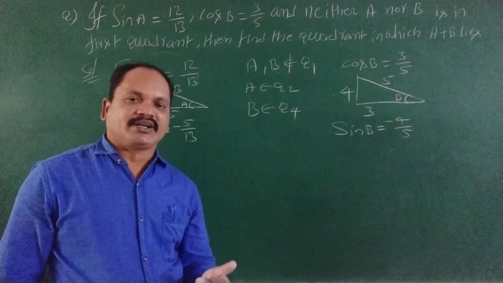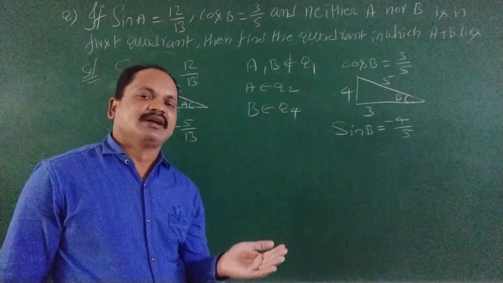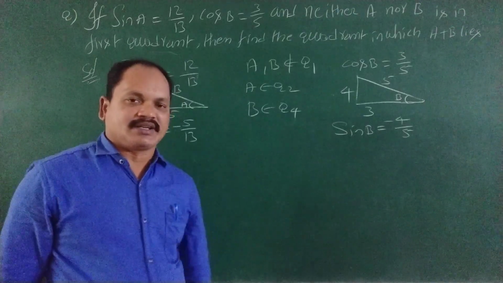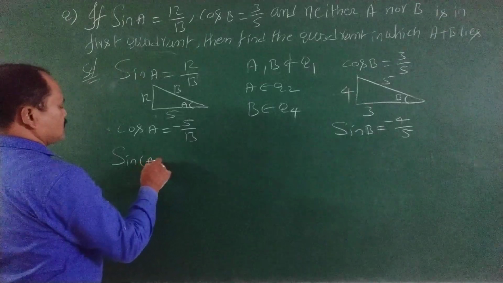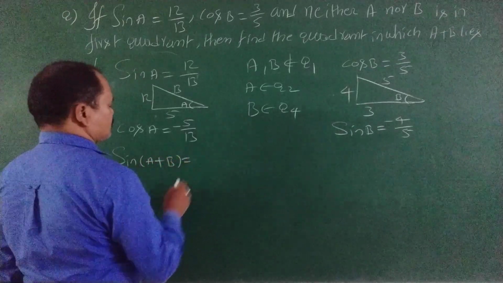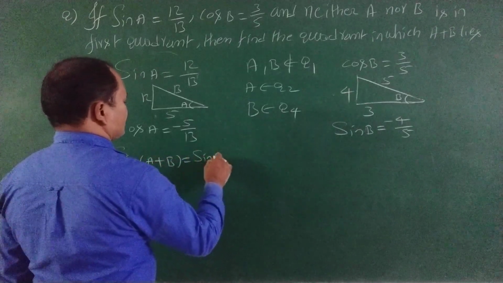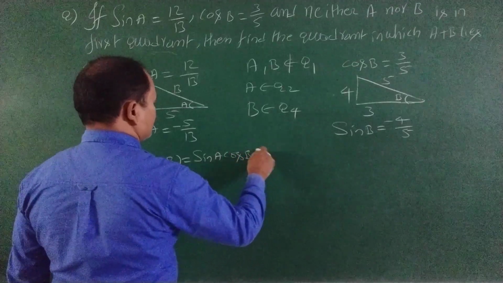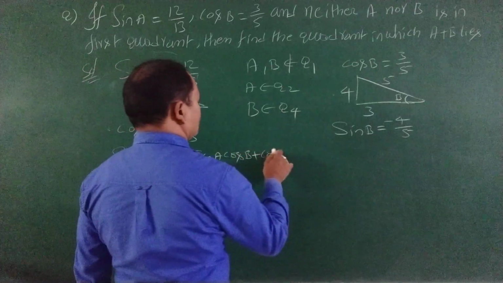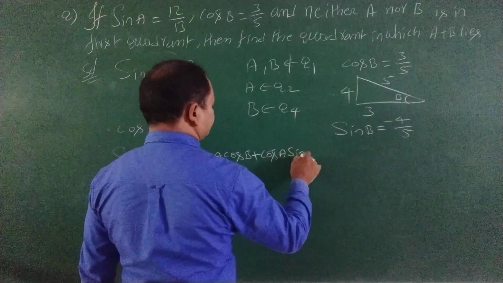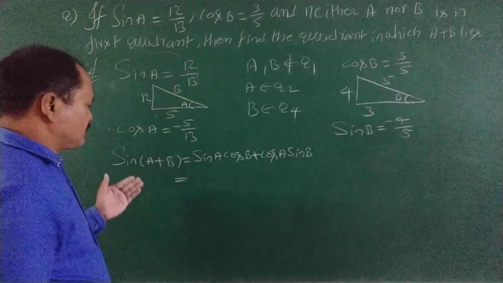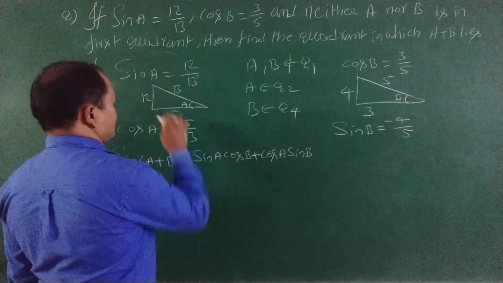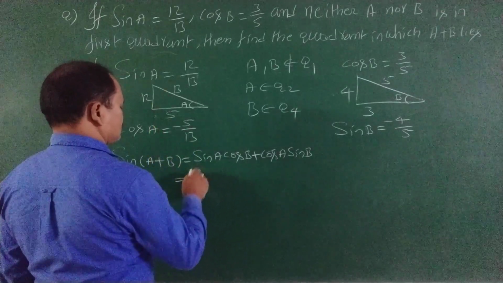Now we have to identify sin(A plus B) and cos(A plus B). So the sin(A plus B) formula: sin(A plus B) is equal to sin A cos B plus cos A sin B. What is sin A? 12/13.